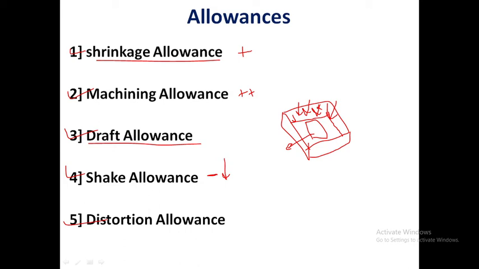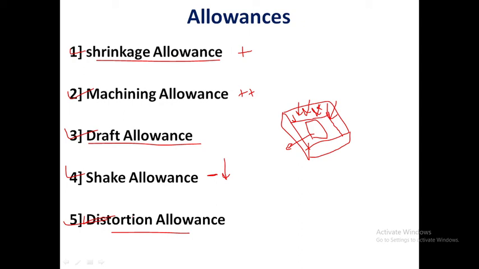If the shape of the casting changes, then it is called a distortion of the casting. If the casting has an irregular shape, or if all the parts do not shrink uniformly, then this distortion forms.